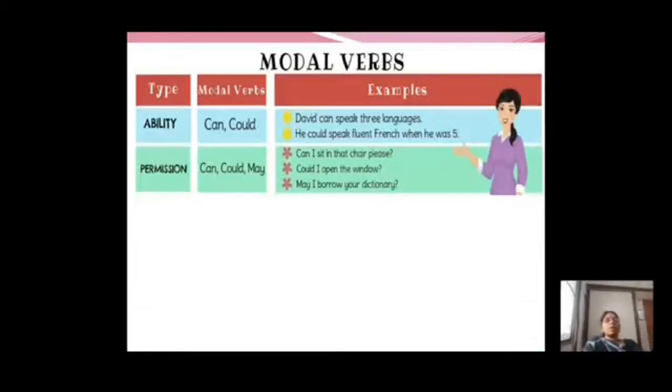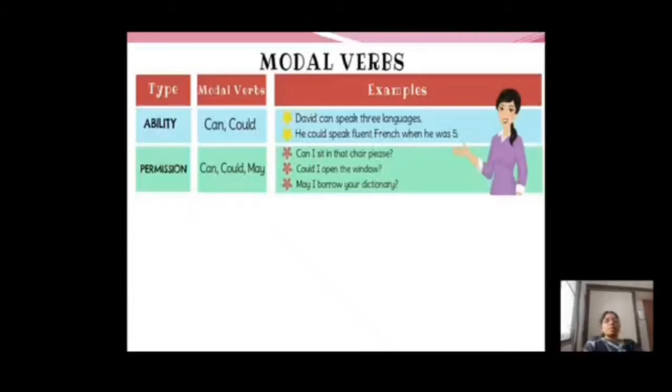Next is permission. Can, could and may. Right? Can, could and may. Can, could, now only I told you to perform or ability. Now again I am saying you permission. How to identify whether it is a permission or it is an ability? By seeing the sentence itself, you can identify whether it is a permission or an ability. Right?